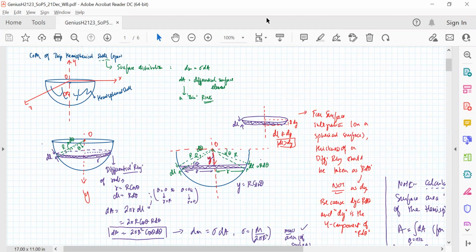Okay, so people, are you clear with this area of the semi-ring, dA part, up to this step?